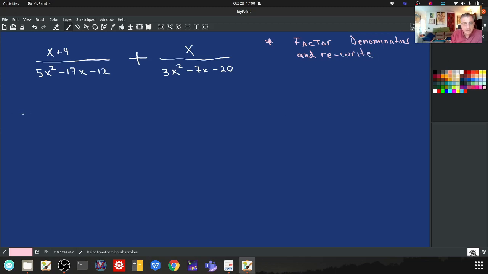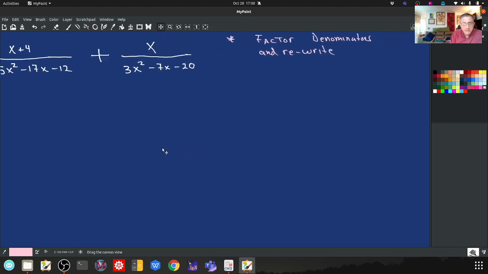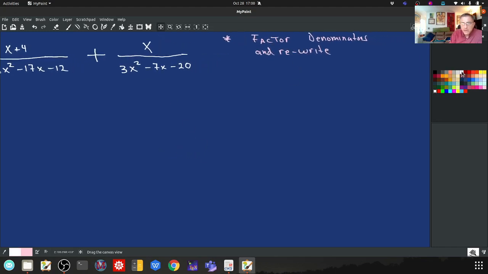So let's go ahead and factor. I'll do it over here. I'll scoot this over. Let's factor 5x squared minus 17x minus 12, which by now should be a piece of cake.